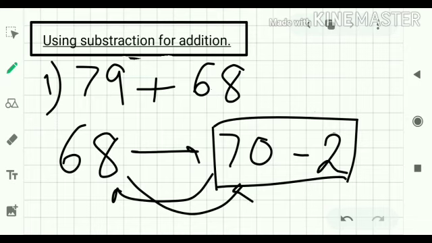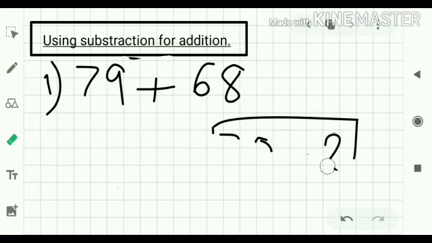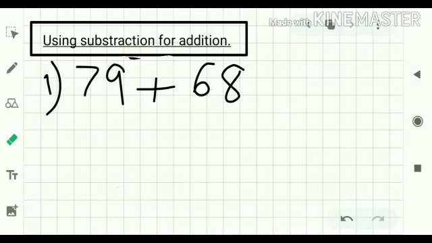Now what I'm doing here is actually subtracting. Now see what I'll do with this sum. It's pretty easy. The first case is wherein we are converting 79 into a tens multiple.